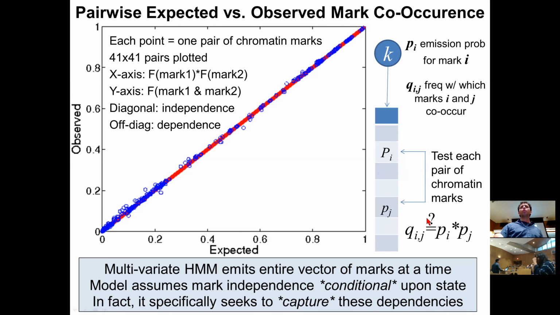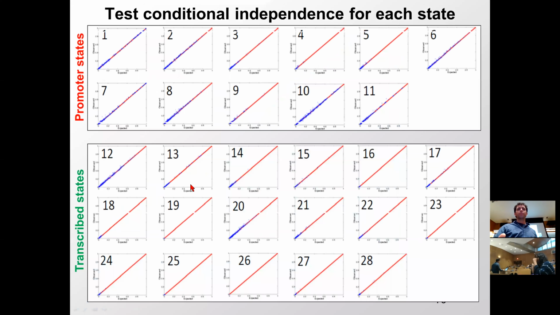And does it become conditionally independent based on the set of chromatin states? If they are truly independent, then the probability of them occurring together will simply be the product of each of their individual frequencies. But if they are dependent, then we will see a skew away from the diagonal.